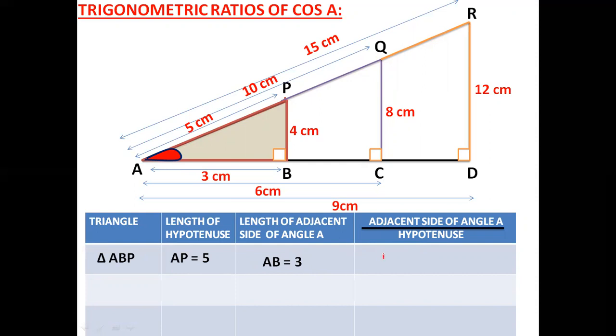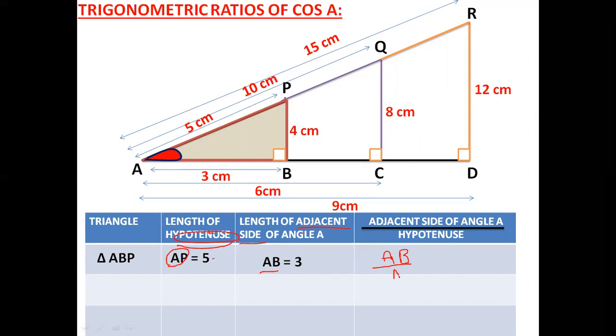Here you have to write AB. What is the adjacent side? Adjacent side AB. So AB by hypotenuse. So what is hypotenuse? That is AP.